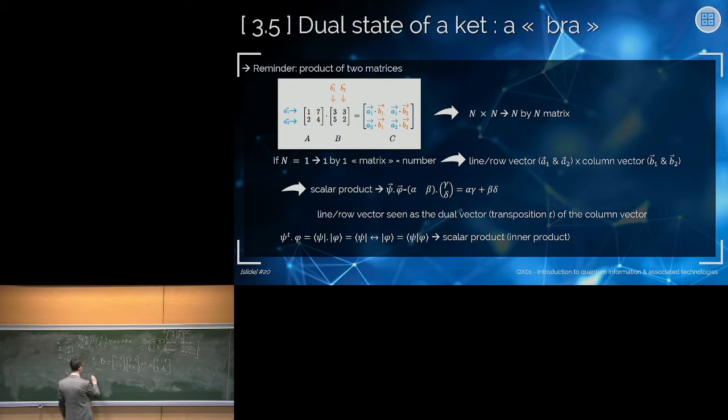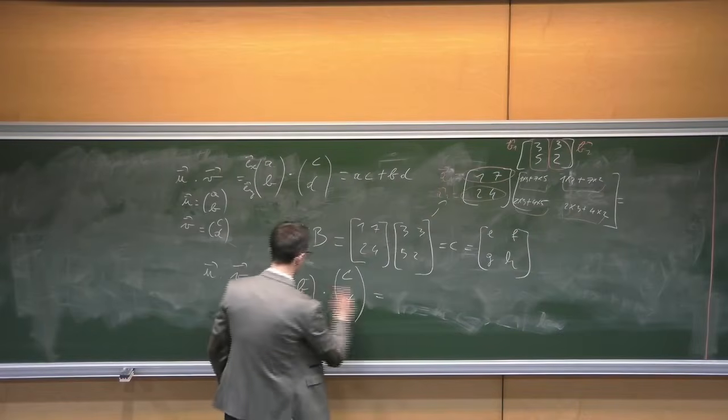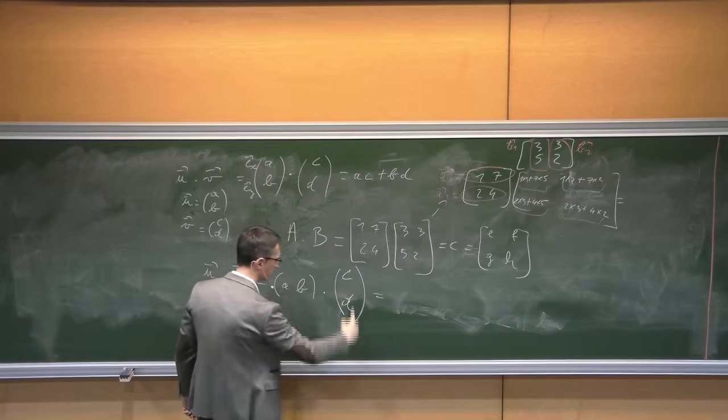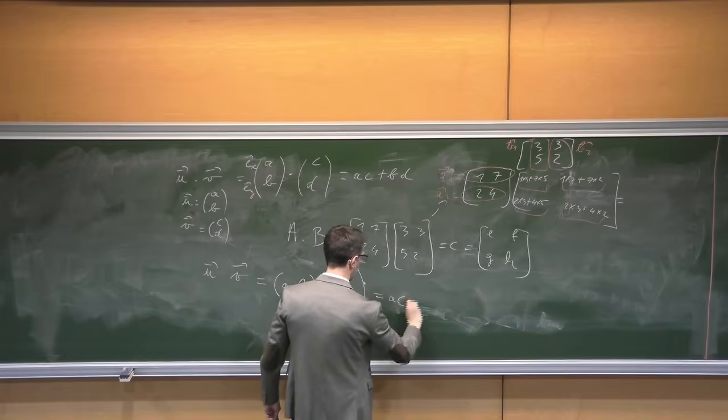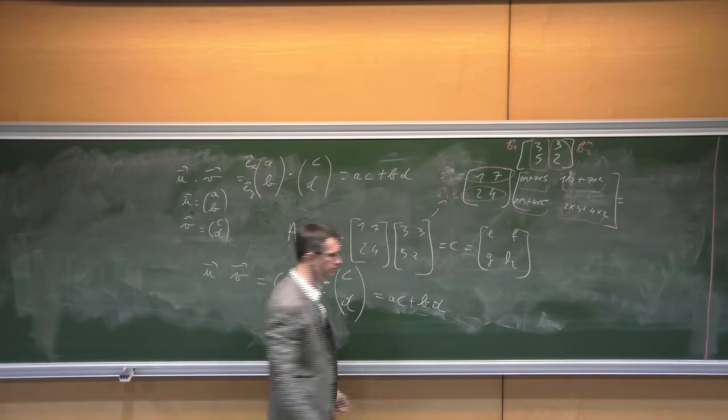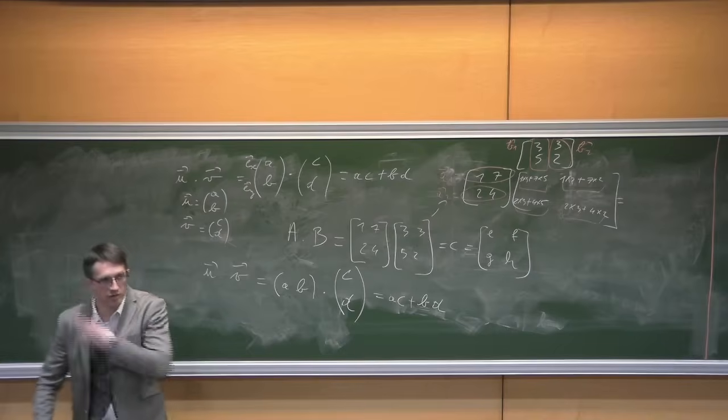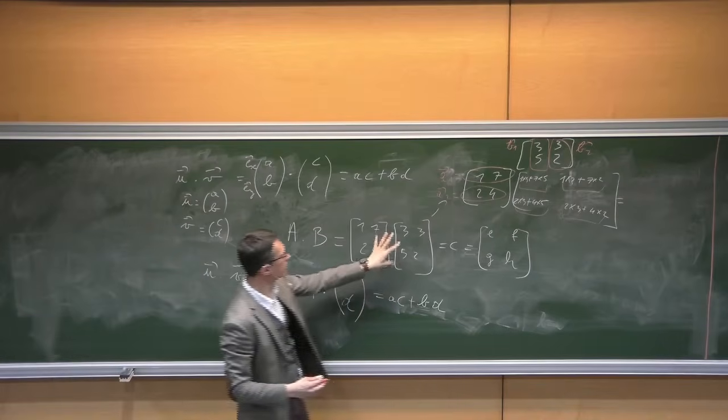So it would be AB times CD. And that is the equivalent of the A1B1 I have here, which I obtained by doing this times this, which is 1 times 3 plus 7 times 5. So here there would be AB times CD, so it would be A times C plus B times D. So it would be AC plus BD. Okay? So this would be more the strict equivalent of that.